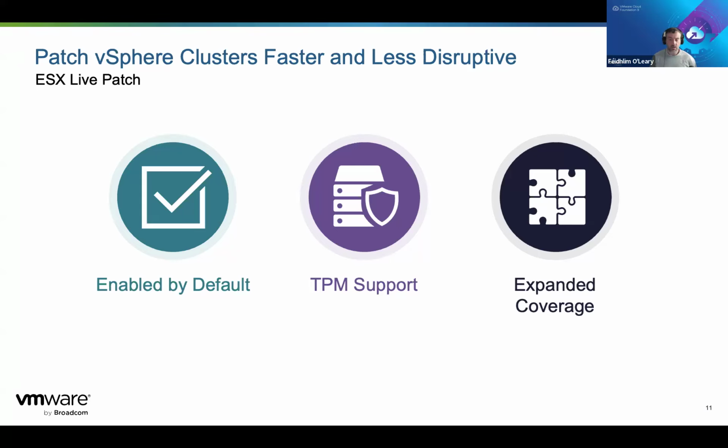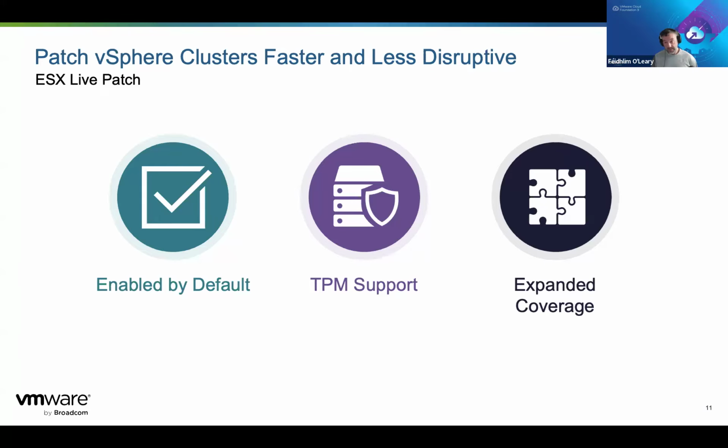Expanded coverage in 9.1 includes additional bits of the ESX kernel itself, additional vSAN daemons, some core storage daemons, and additional libraries under the hood. Again, our target is up to 80% of ESX security patches to be able to be used with live patch. The first 9.1 ESX patch that we released a couple of weeks ago was live patch capable.